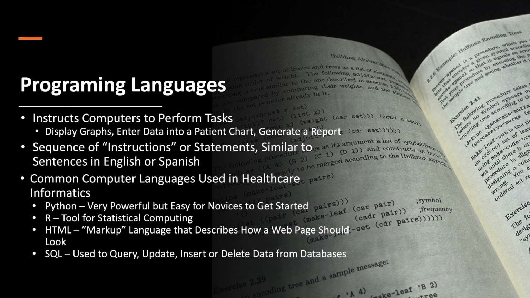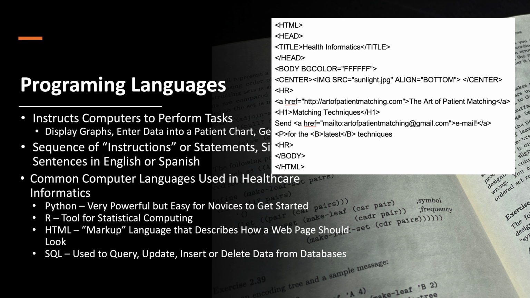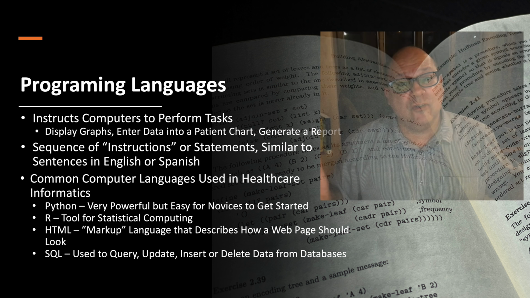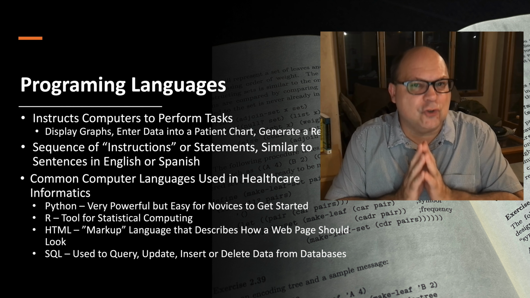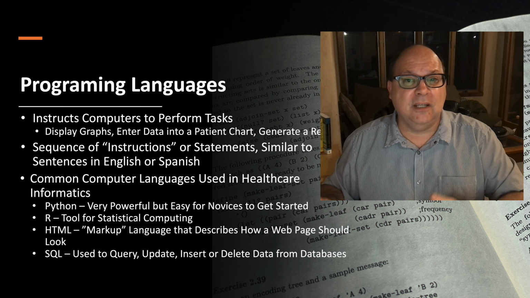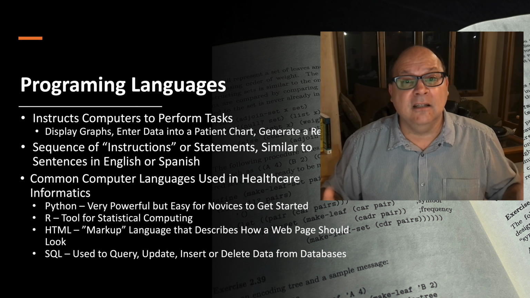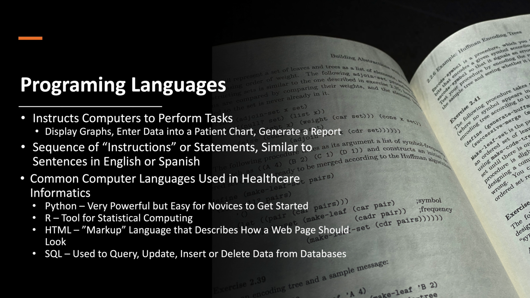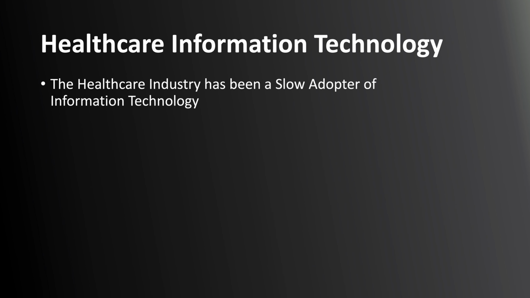R is another programming language that's very popular for statistical computing, and everyone knows this language, HTML, and is called a markup language because it describes how you want text to appear on a web page. Mentioned SQL earlier, SQL. That stands for Structured Query Language, and that's used to query, update, insert, and delete data from these databases.